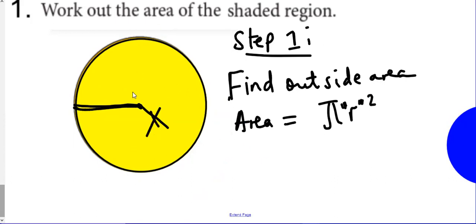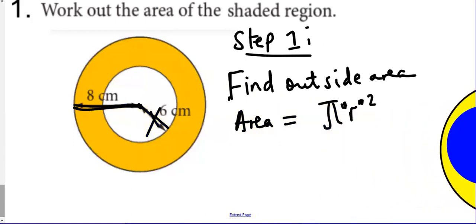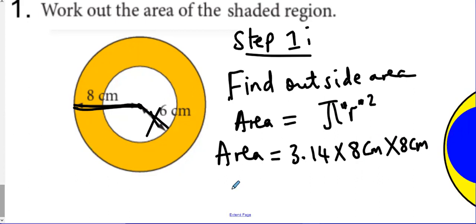So the radius that I'm going to use for the outside shape will be 8 centimeters. So area will be equal to pi, which is 3.14, times the radius, 8 centimeters. Again, square, you need to multiply again by 8 centimeters. Now, what do you think will be the area?